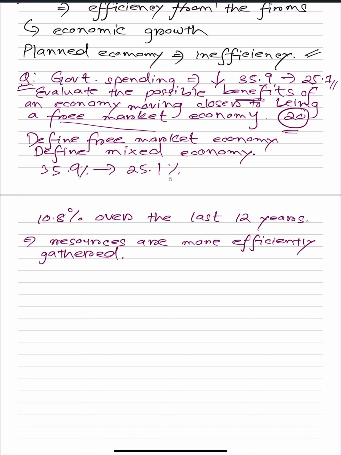So resource allocation is more efficient because firms compete with each other, and they need to be efficient or else they will be pushed out of the market and go out of business, which they don't want. So that's why efficiency will be a big factor, and it will also mean that the economy will be efficient. That's how we're going to do.